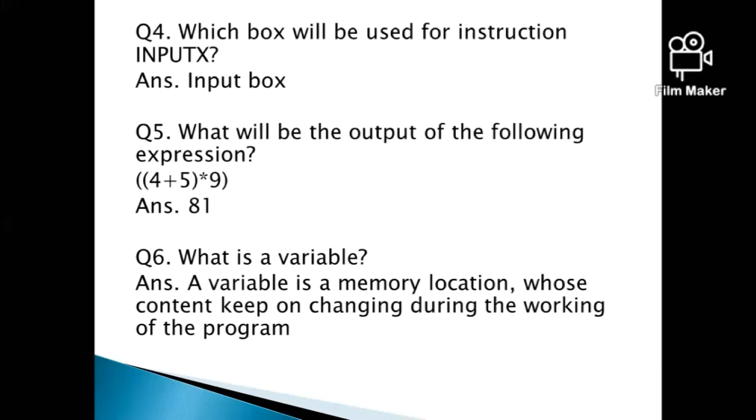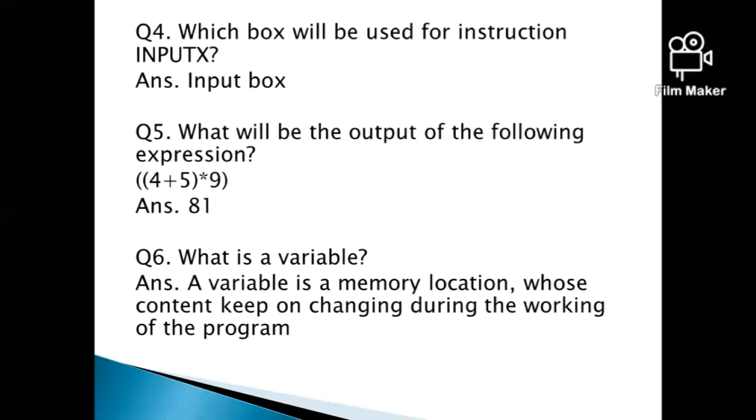Okay. Next question is, what is a variable? This question is related to your next chapter, that is starting QBasic. Here, variable is a memory location whose content keeps on changing during the working of a program. It means the data which we give to the variable can be changed during the execution of a program.